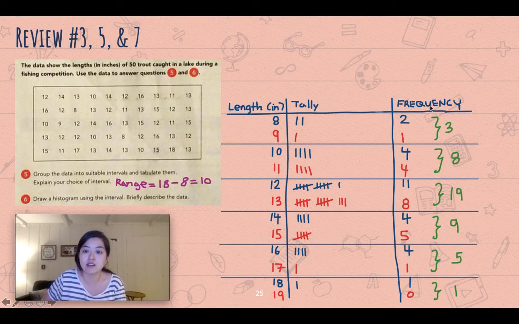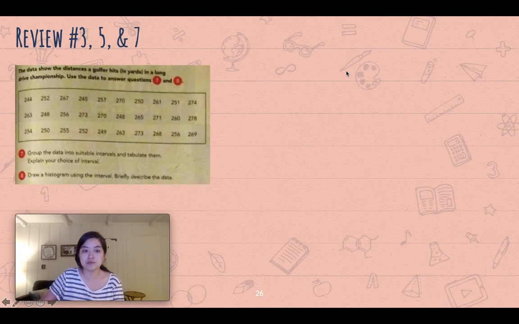Sorry about that. Between 12 and 13, it was 19. Between 14 and 15, it was 9. 16 and 17, it was 5. 18 and 19, there was only 1. And so there it is. So this is my data that I tabulated.